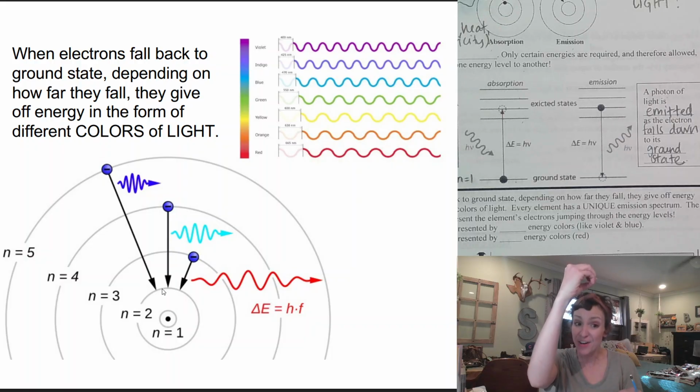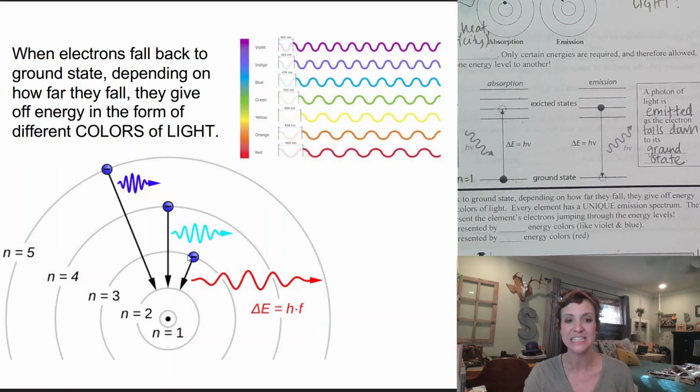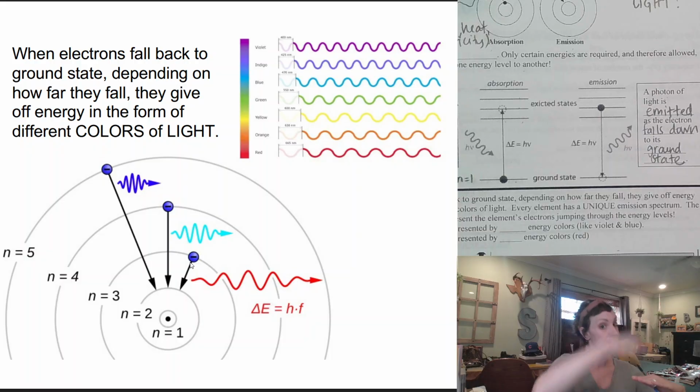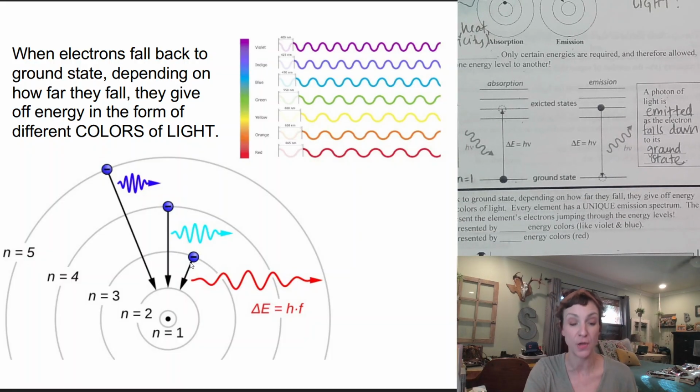And then on the other hand, it's going to require a lot of energy to fall back down. So one thing I want you guys to know on this picture, it's showing different length jumps. The different amount of energies that are going to be required for those falls is going to create a specific energy of light, which will be represented in a different size wave and therefore different color.